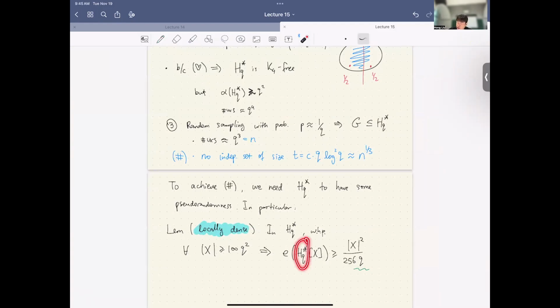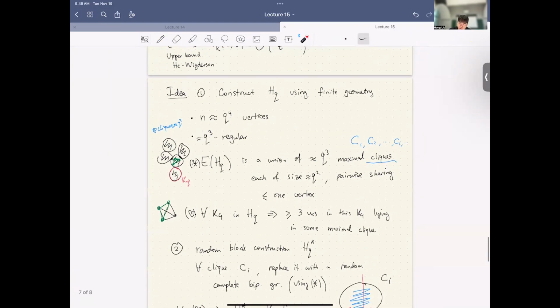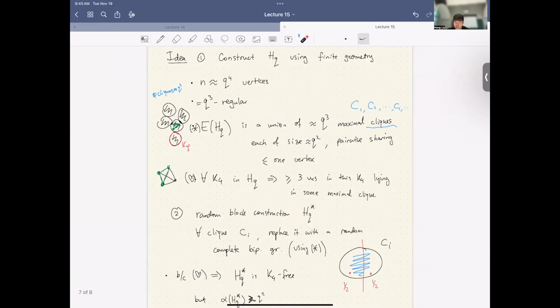Well, not to mention HQ star, HQ and HQ star differ only in that we replace the cliques by complete bipartite graphs, right? So the edge density has no change up to a factor of 2. All the edges there are complete bipartite graphs up to a constant factor, so their edge density is the same order of magnitude.